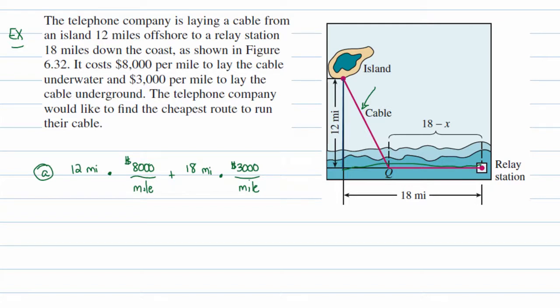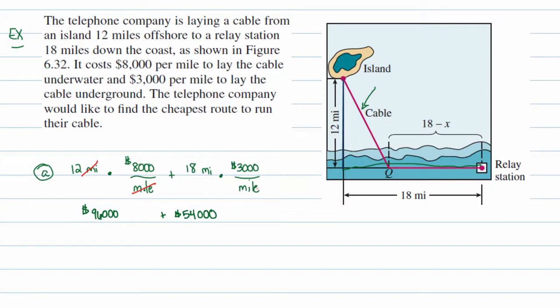The words miles will cancel in this first term here. So let me cancel the word miles. And you have 12 times 8,000, which is 96,000. So let's go ahead and write that in. So the first thing is $96,000 plus, and then 18 times 3, I think that's $54,000.